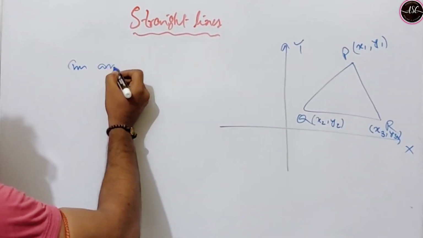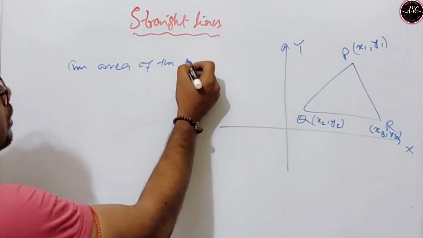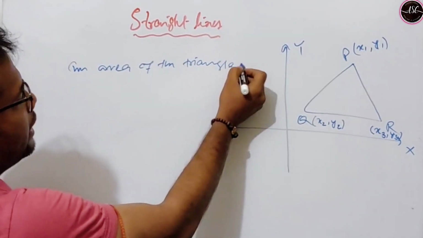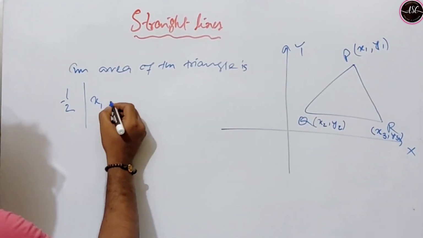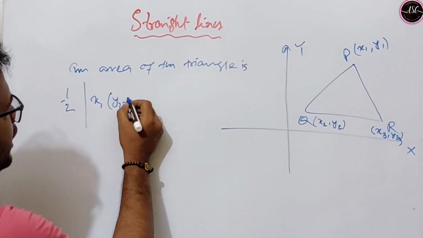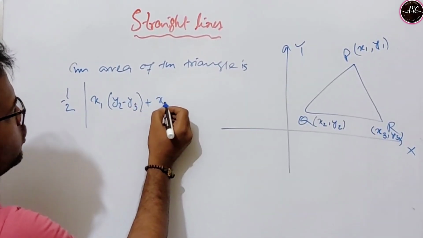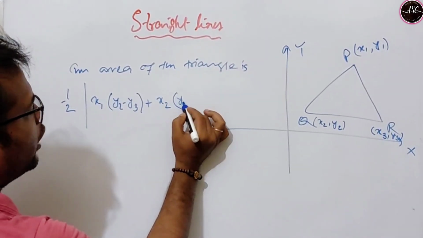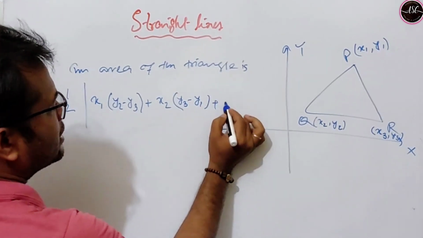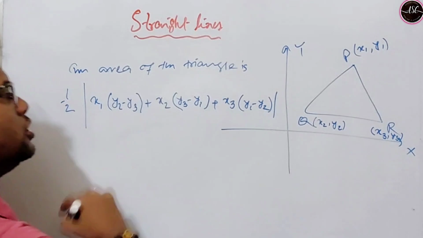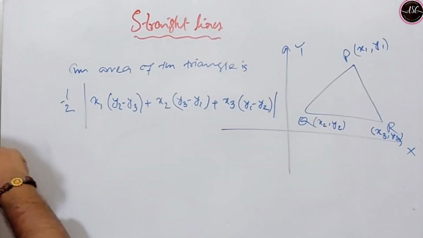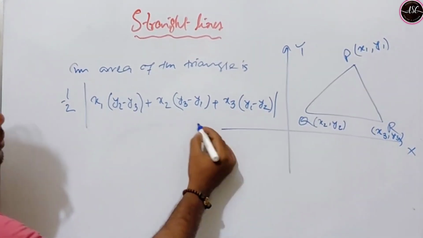The area of the triangle is half of mod x1 into y2 minus y3 plus x2 into y3 minus y1 plus x3 into y1 minus y2, closing of mod, square unit.